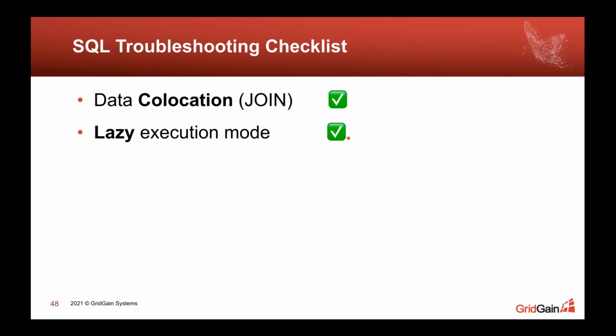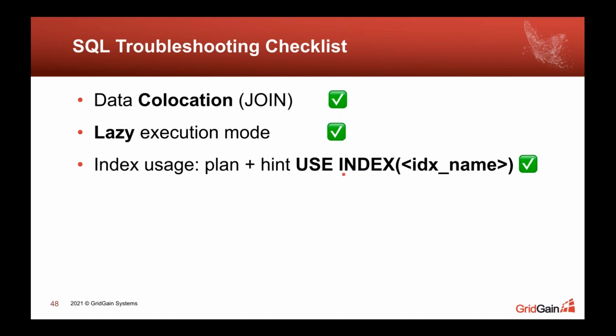Lazy execution mode is our best friend because we won't put additional pressure on our heap, and we will traverse our result in a more iterative, reactive manner. So don't forget about indexes, plans and hints. They will help you with that.